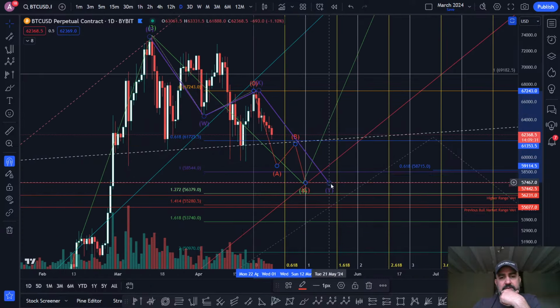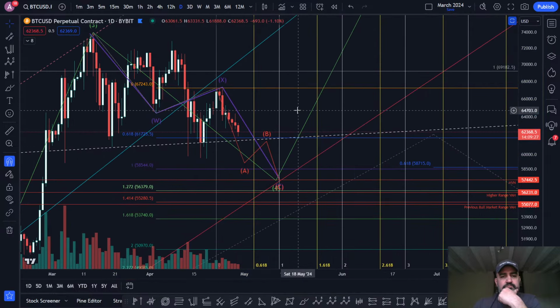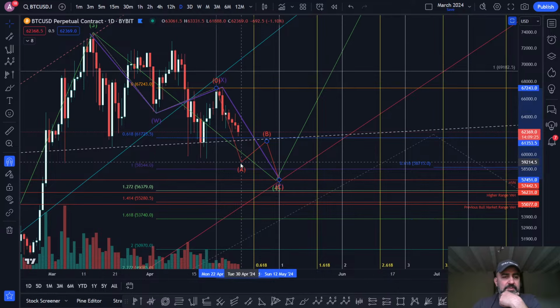From these pivots, it's basically there. But you're still gonna SFP the low here. I just want it to happen really now, so we can go up like that.